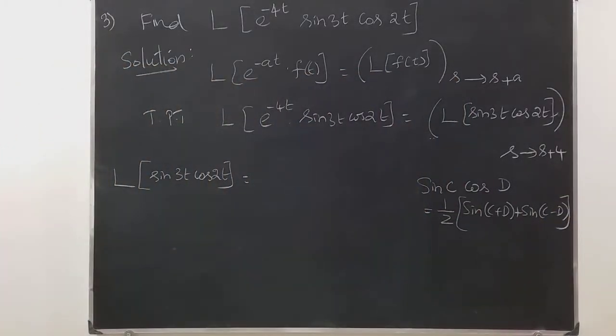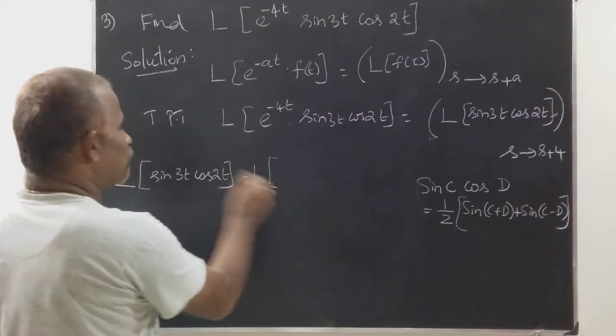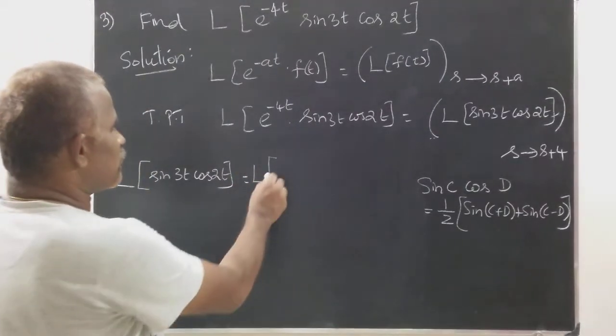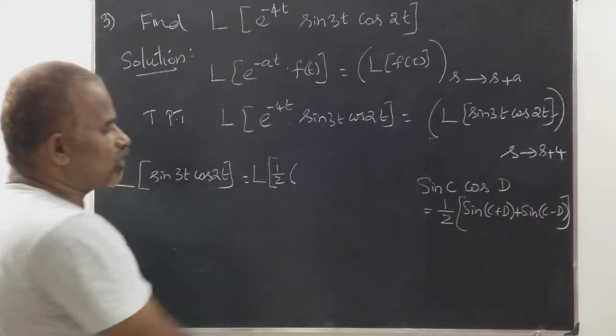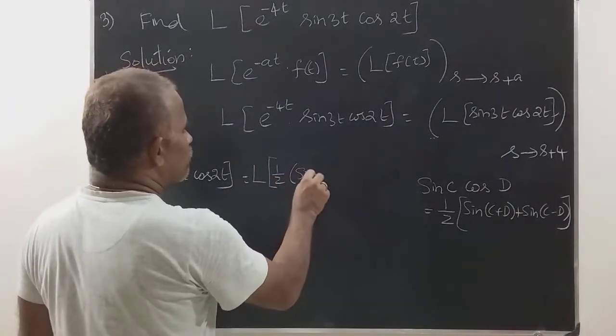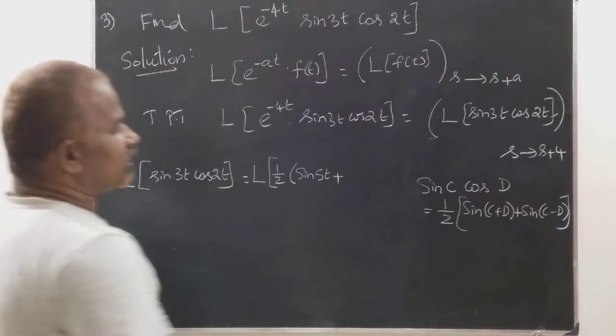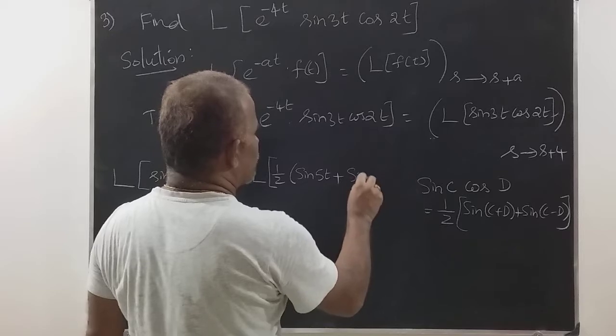So therefore this is equal to the Laplace transformation of 1 by 2 into sin c plus d, which is sin 5t, plus sin c minus d, which is 3t minus 2t, sin t.